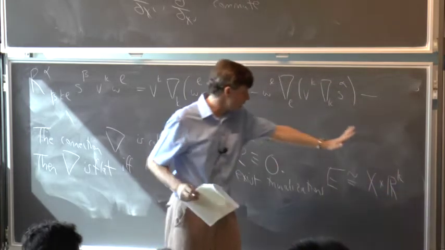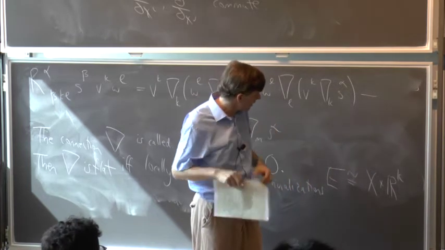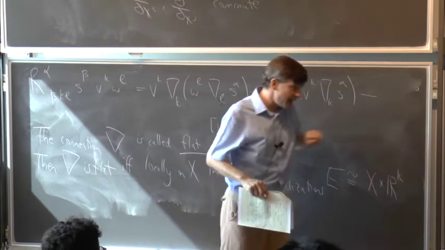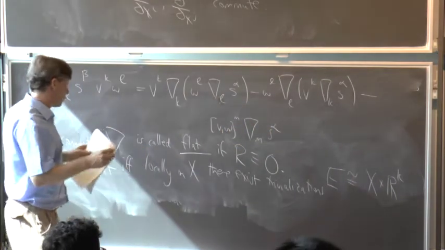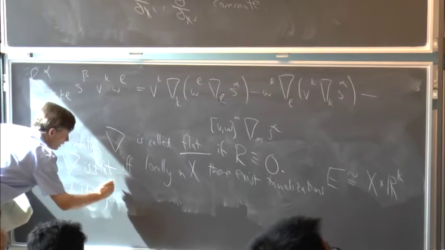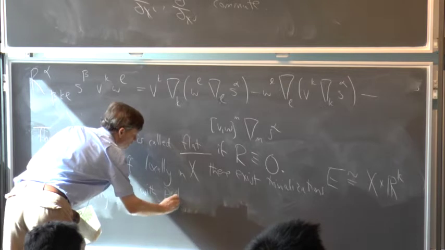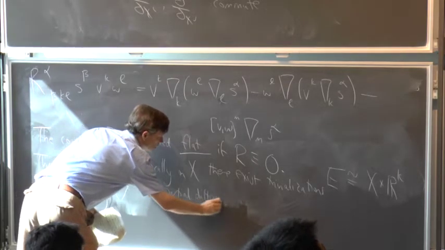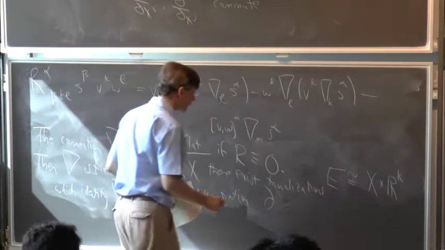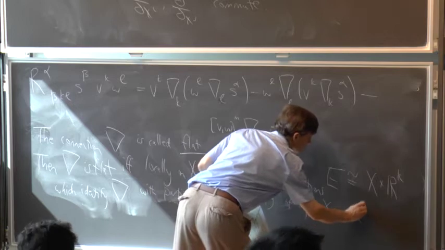Sorry, this in general won't be true globally on the whole of X, but what I mean is that you can choose covers of X by open sets U such that E restricted to U is isomorphic as a vector bundle with U cross R^k, for some U open set in X, which identifies nabla with partial differentiation, curly d, that's just partial differential of maps from X into R^k.